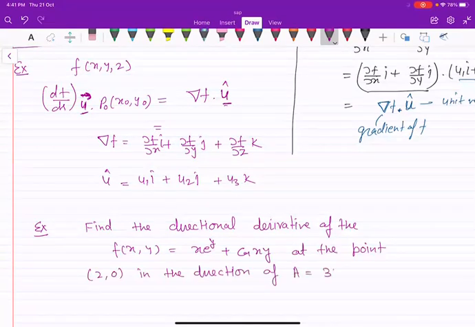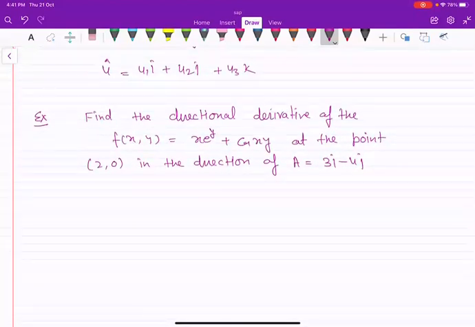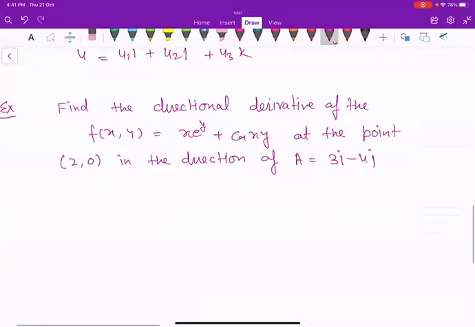A is equal to 3i minus 4j. Find the directional derivative of the function at the point 2, 0 in the direction of a.